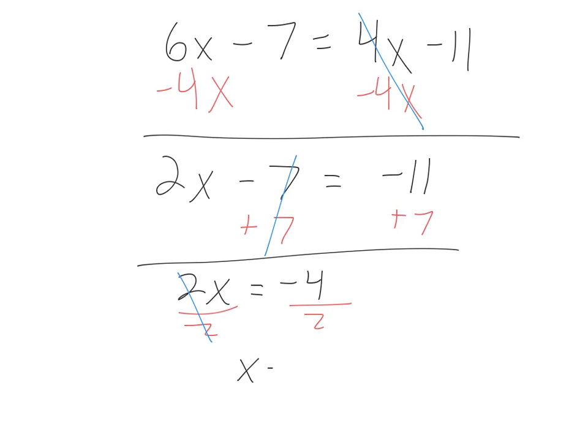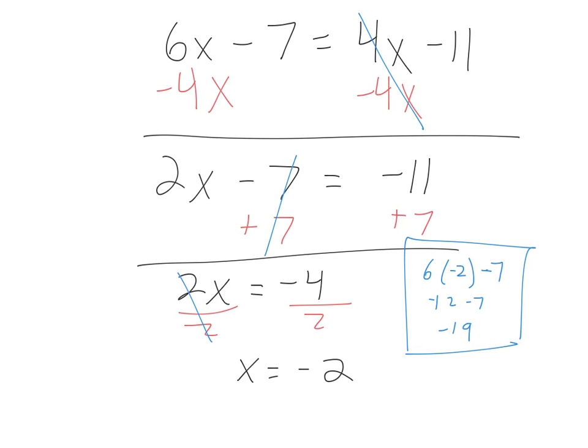I am left with x equals, well, negative 4 divided by 2 is negative 2. If I plug negative 2 back into the original equation, you can see that they will be equal. Both sides end up equaling negative 19, so that is the solution to that equation.